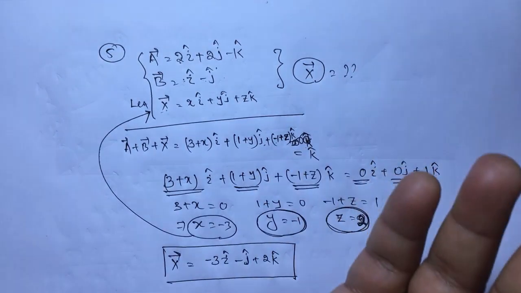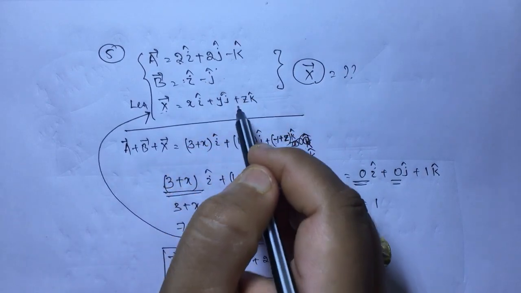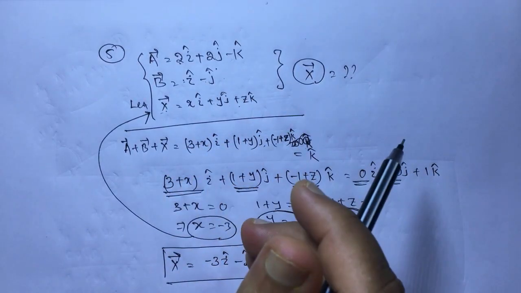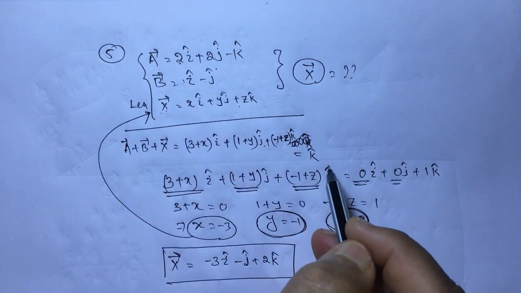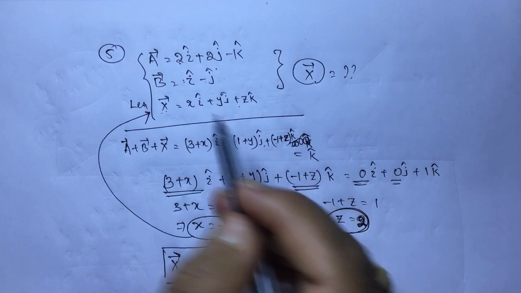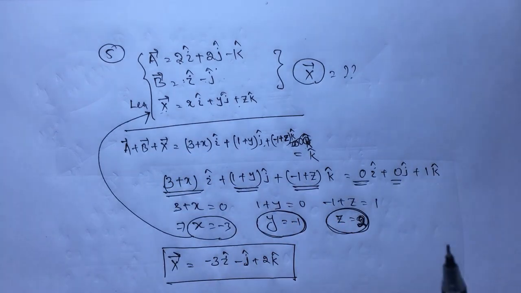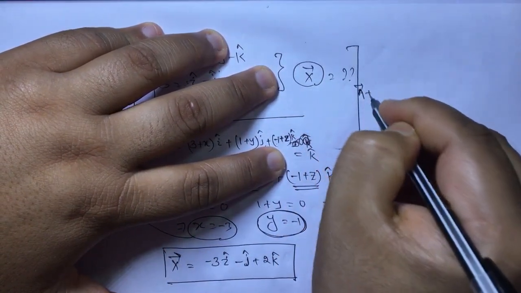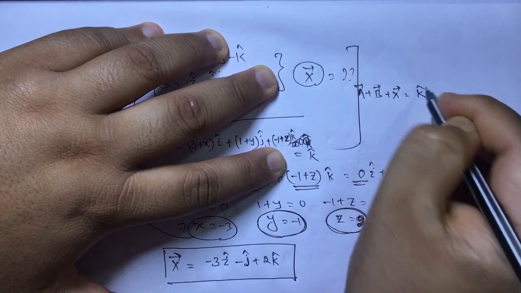There are many different methods also. You can first add these two vectors, then you can write this plus this equal to k, and then you can solve this also. Or you can simply write a vector plus b vector plus x vector equal to k cap.